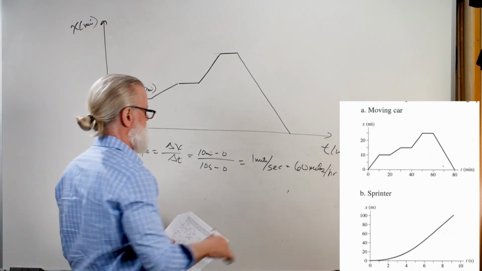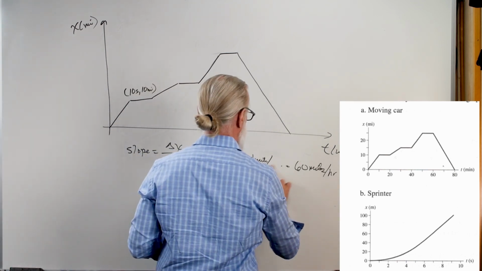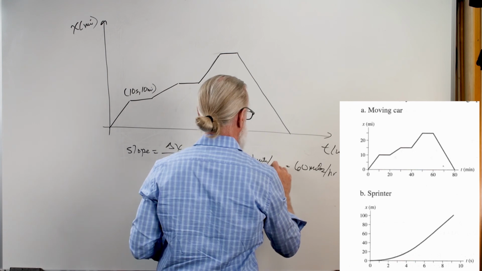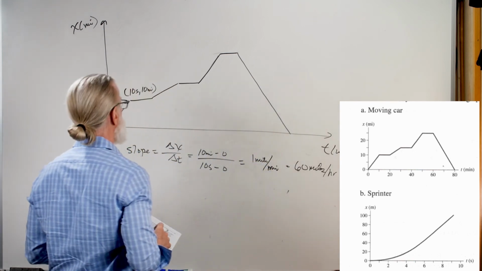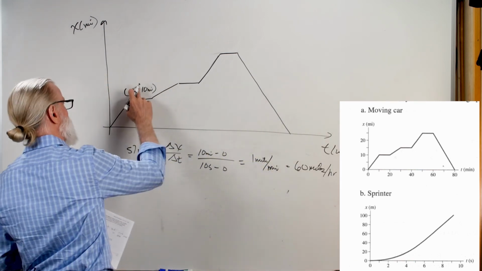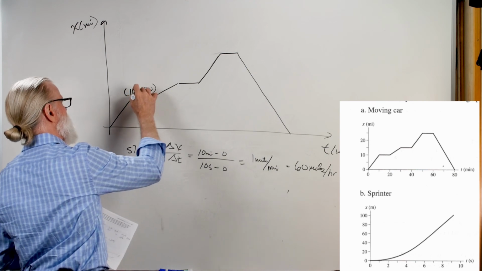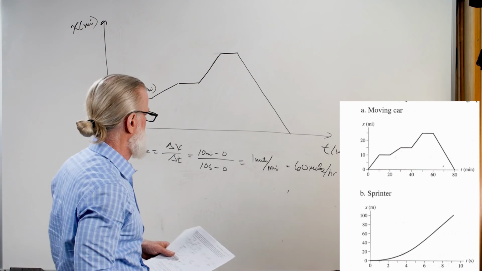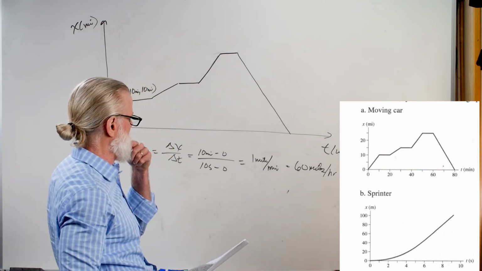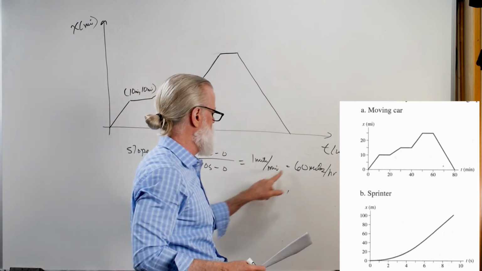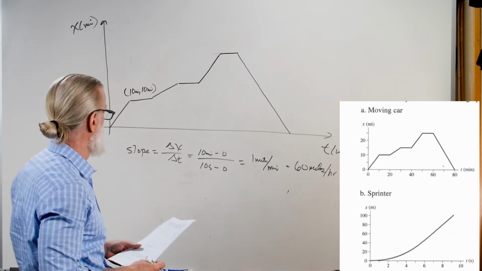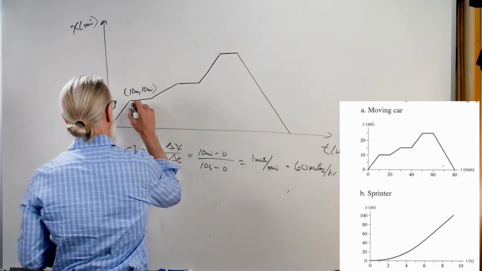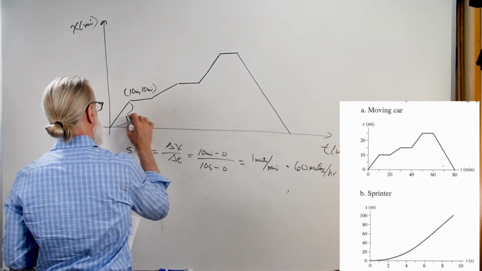I'm sorry, these aren't seconds, these are minutes. A mile a second would be quite fast. So 1 mile per minute or 60 miles per hour. So right here is 60 miles per hour.